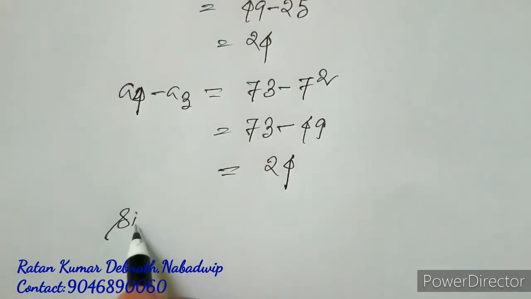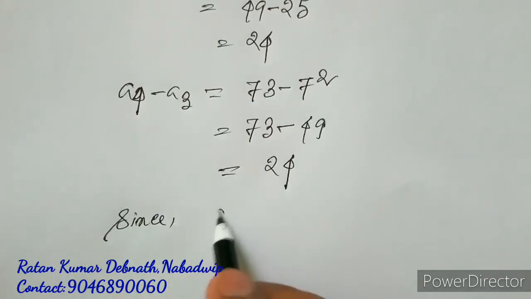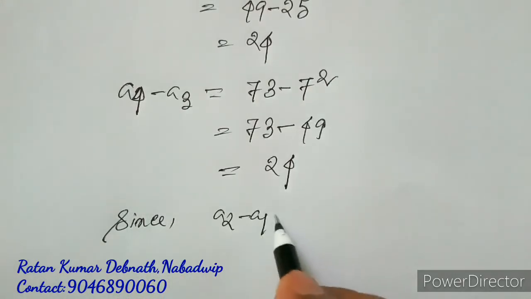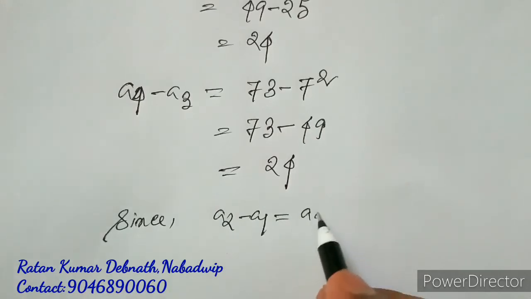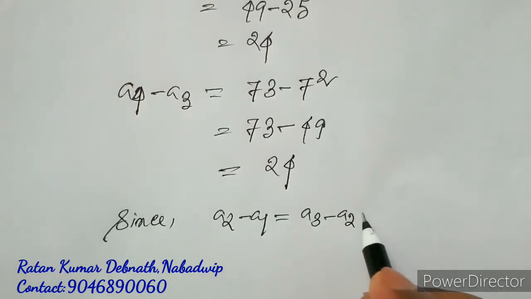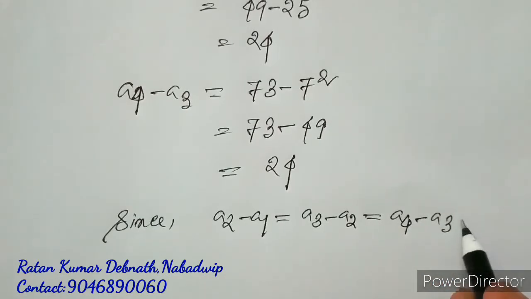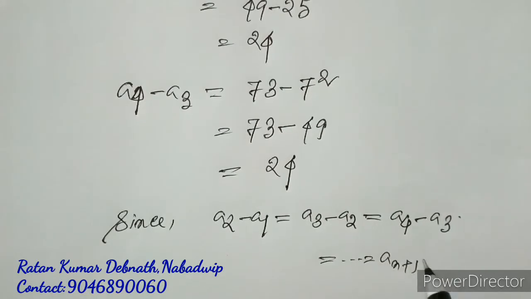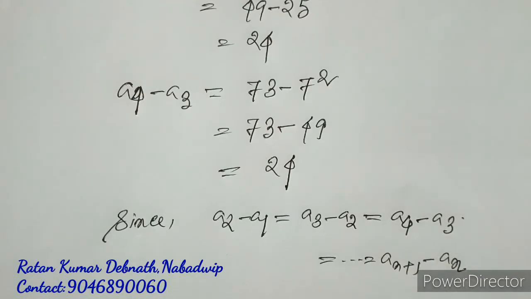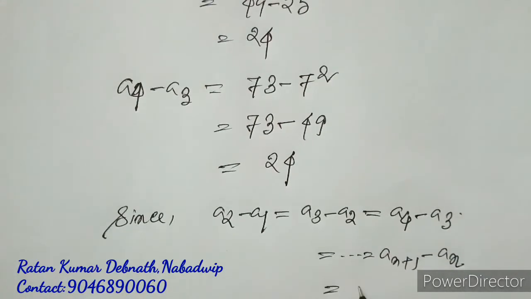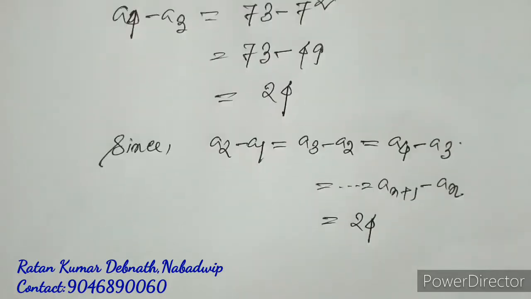Since a2 minus a1, a3 minus a2, a4 minus a3 equal to an plus 1 minus an equal to 24. That is, in all the cases differences are equal.